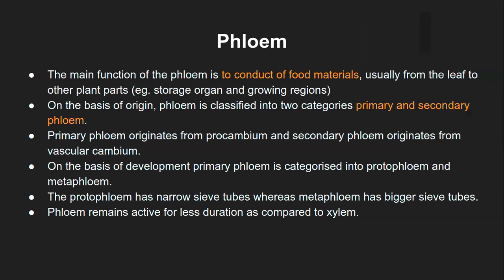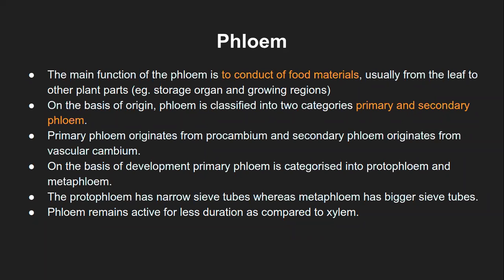Yeah, so that's correct. But then imagine the case of transporting the food from leaf to the roots, right? Obviously, as you all know, the photosynthesis process happens in the leaf structure, and from there all the food that is being carried in the phloem of the leaf comes to the phloem of the stem, and then from this phloem of the stem it goes to the roots part, and so on.